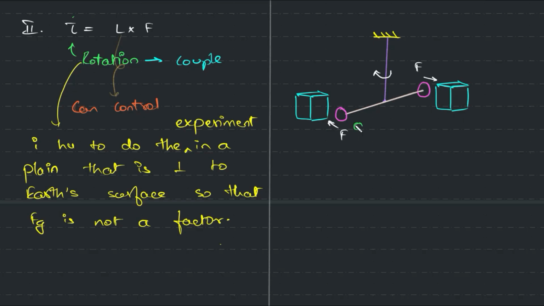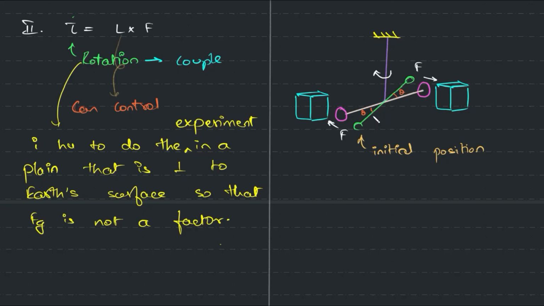Okay, guys. Say initially it was here. So this is the initial position, and this is the final position. Because of this force, they rotated by an angle of theta.